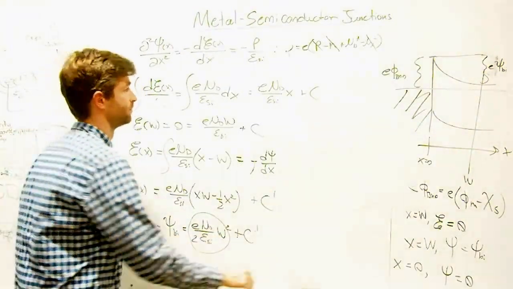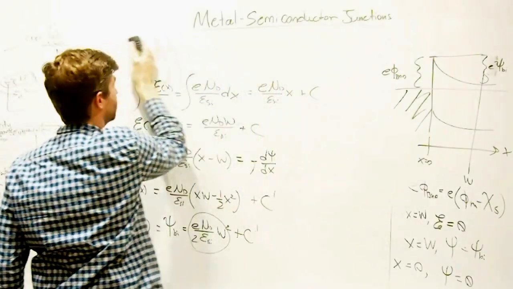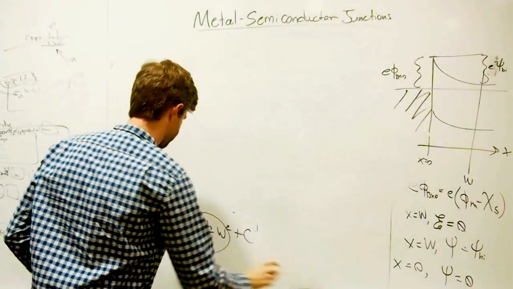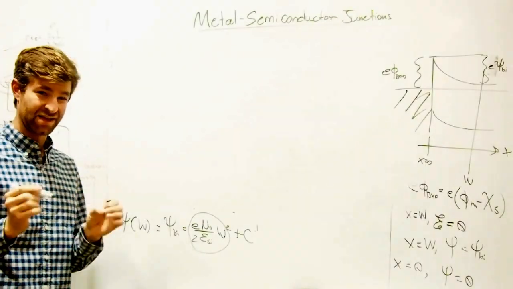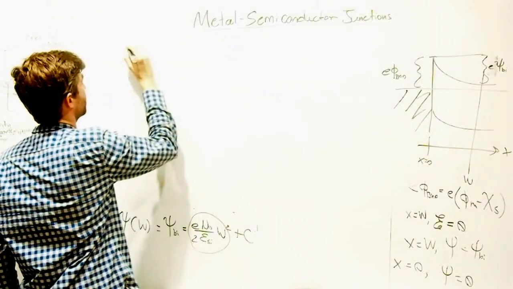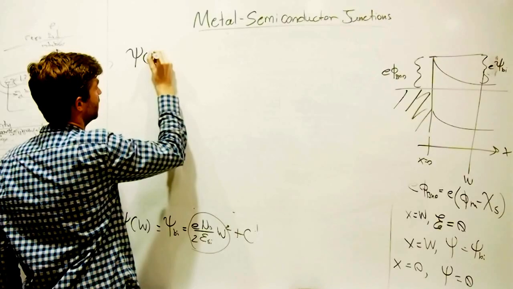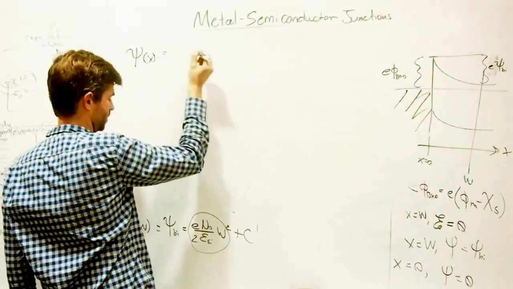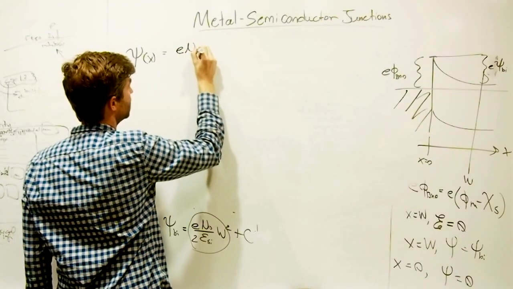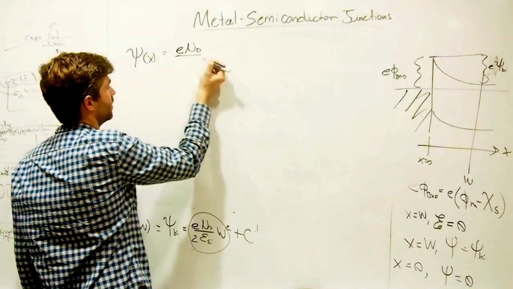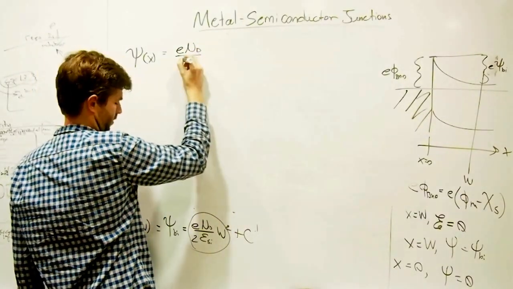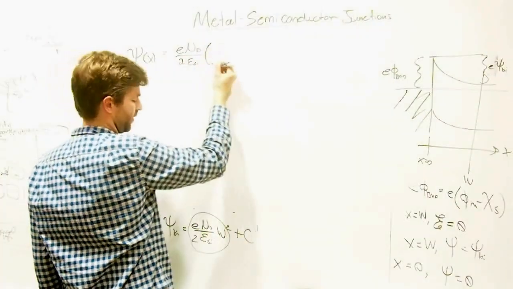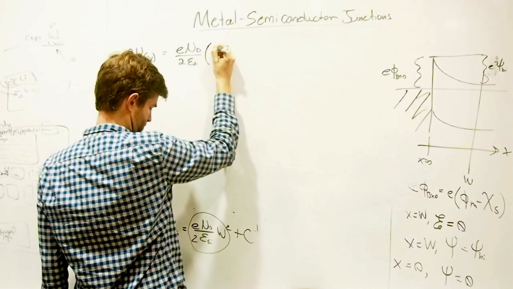Okay, so I ran out of room, so we're going to go back to the top. Now we have our potential as a function of x, our potential across the semiconductor going from x equals 0 to w. We get this equation right here: e times our doping over 2 times the permittivity of the silicon.